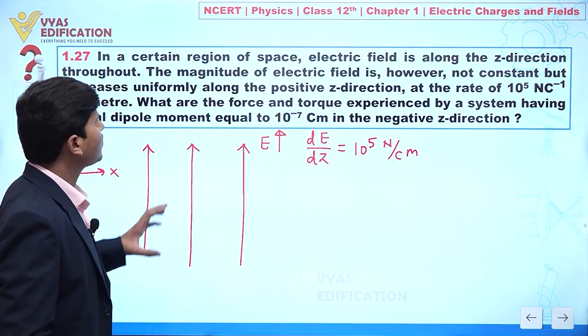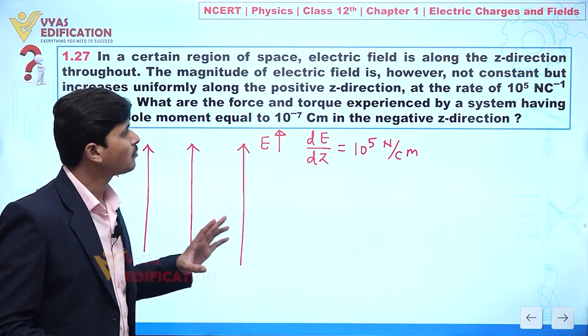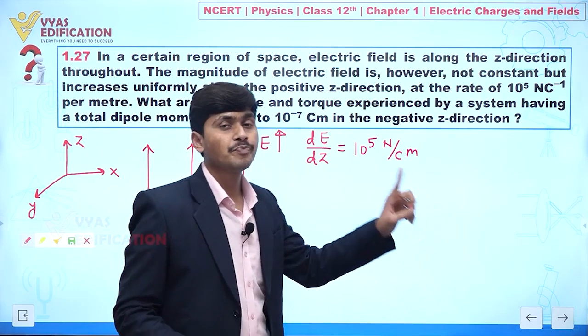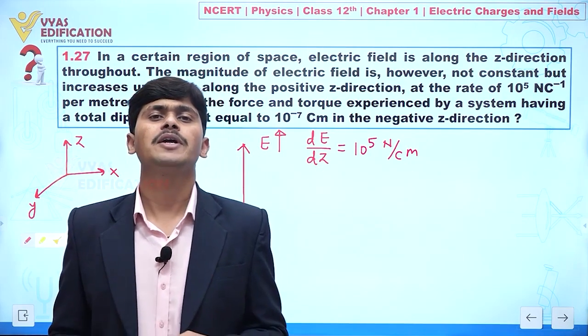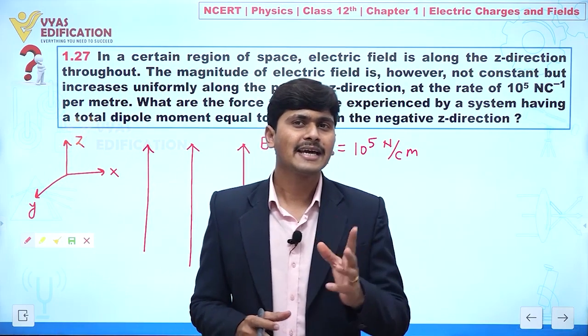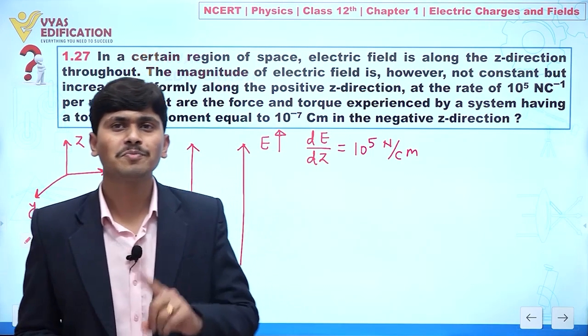What are the force and the torque experienced by a system having a total dipole moment in the negative z direction? If we are talking about dipole moment in the negative z direction, the direction of an electric dipole moment is from minus q to plus q charge.